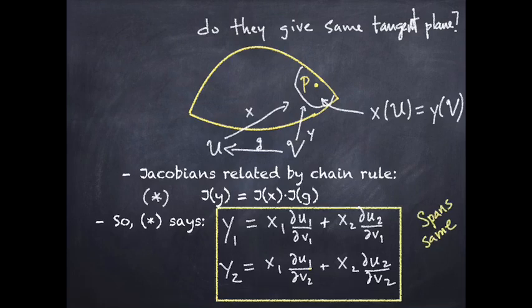So any linear combination of them is also, and the span of y1, y2 is a subspace of the span of x1, x2. But they have the same dimension since y1 and y2 are independent. Y, after all, was a coordinate chart. And so these spans are, in fact, the same. So this tells us that the tangent space is independent of coordinate chart.